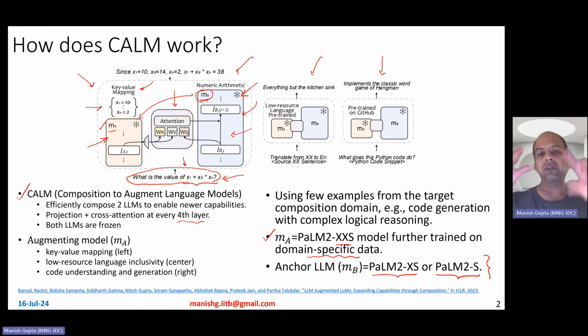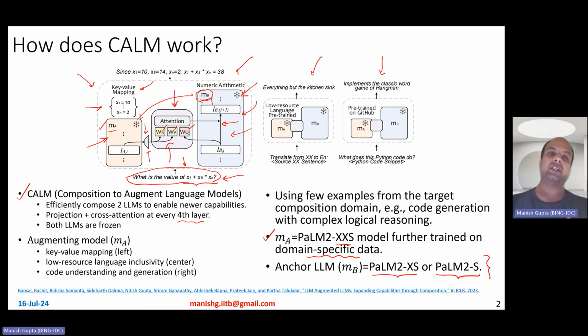In these aligned layers, you use the keys and the values coming from MA and the query coming from MB, and come up with cross attention outputs, which are added via residual connection to the MB model. To be able to do this kind of cross attention, you first need to map the outputs coming from a particular layer in MA to the same projection space as the keys and the values expected by MB, and therefore you have a projection matrix, and then you have these attention weights.